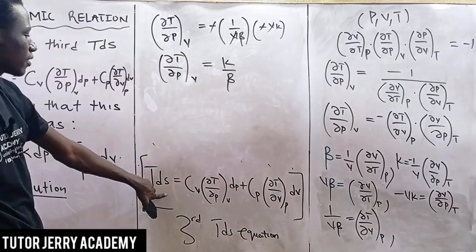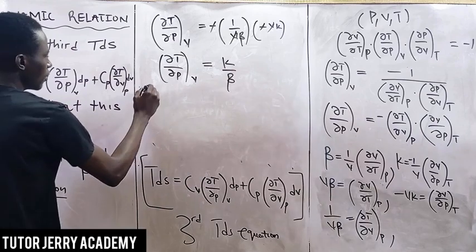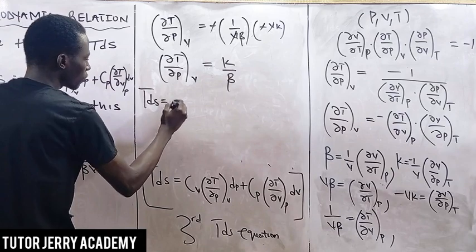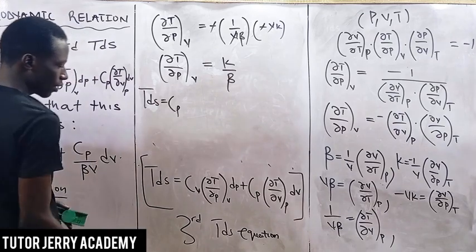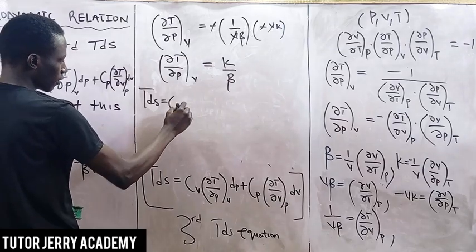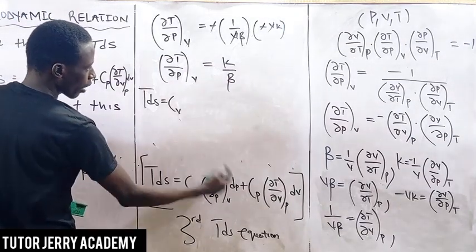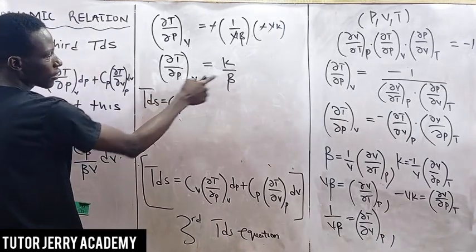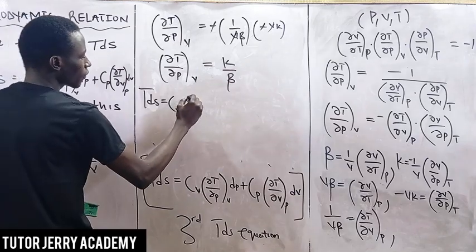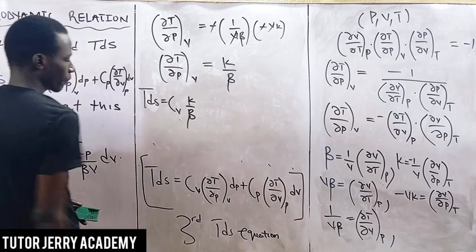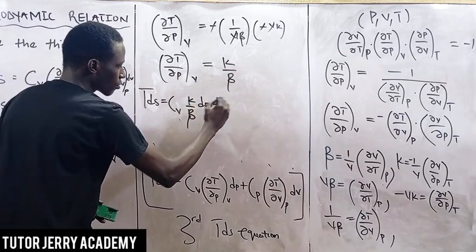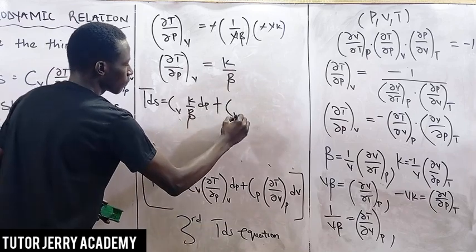Also here, we know that this value is equal to this. So we can rewrite this TDS equation. TDS now will be equal to Cv. In place of this, we are going to put in this value, because what is here is the same thing as what is here and it's equal to this. So we are going to have k all over beta dp plus Cp.